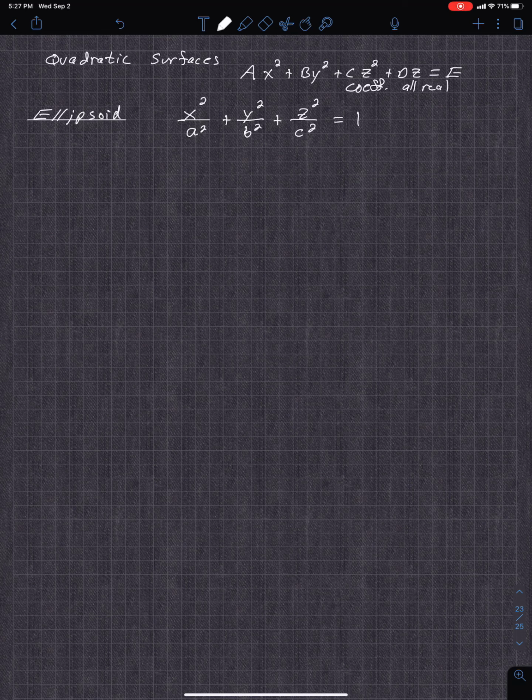If you write it in that form, then your a, b, c give you the length of the axis along those axes, the distance from the center to those different values, just like an ellipse.